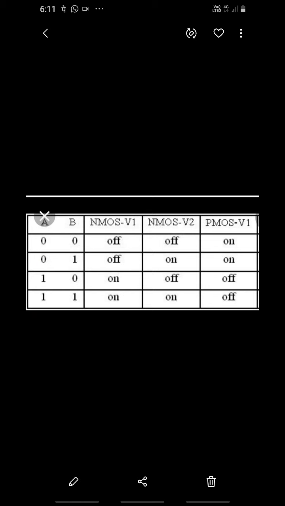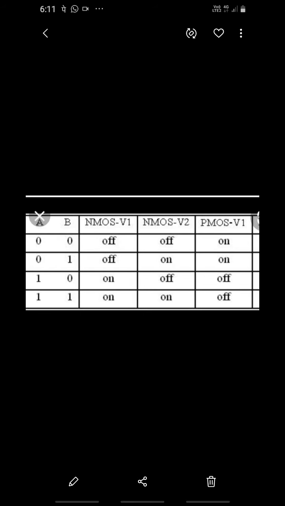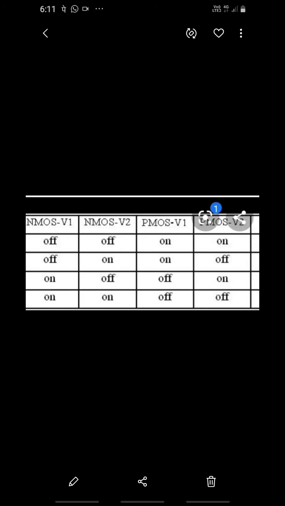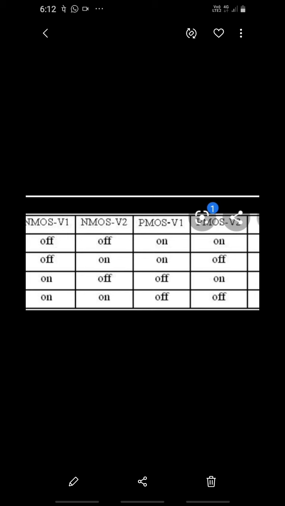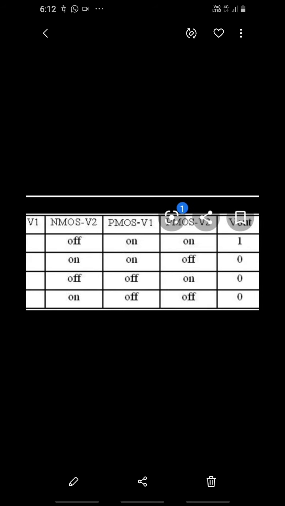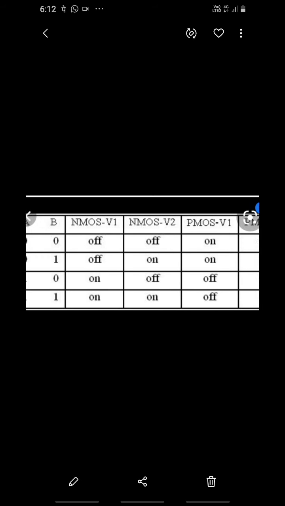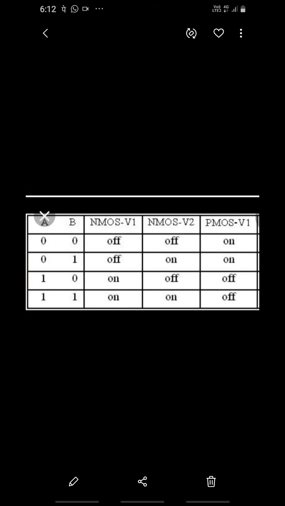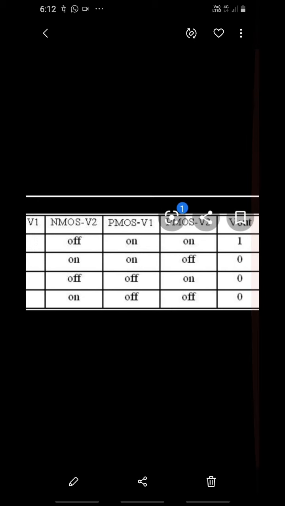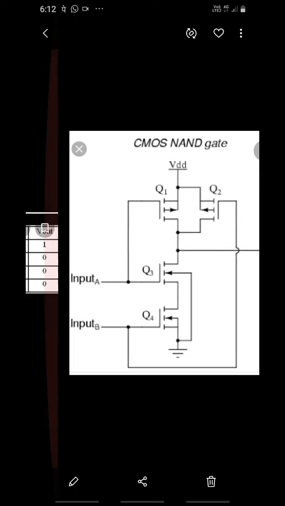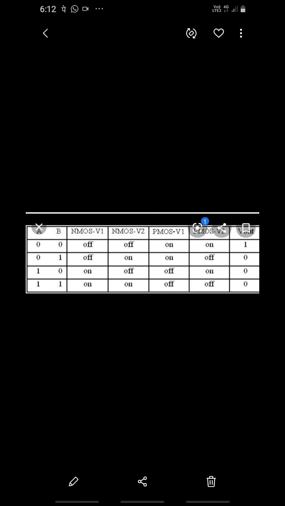When input is 1, 0, then NMOS Q1 is on, Q2 is off, PMOS Q1 is off, Q2 is on, so output is high. When I take inputs 1, 1, means high, NMOS Q1, Q2 are on, PMOS Q1 and Q2 are off, so output is low, as shown in PPT.